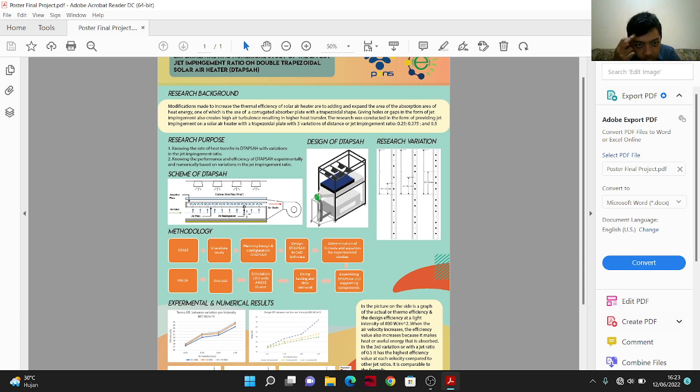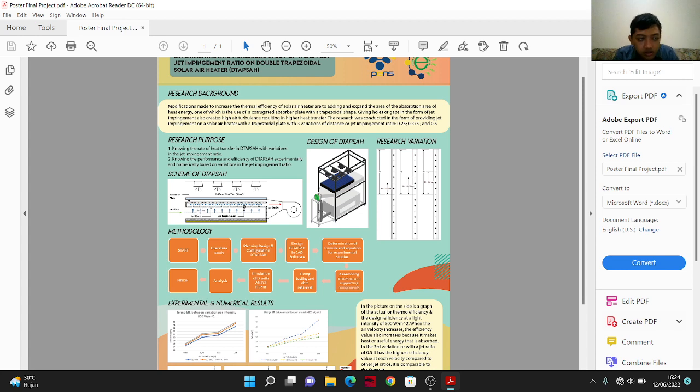There are jet impingement holes in the jet plate, and then the air from the inlet will collide with the absorber plate.